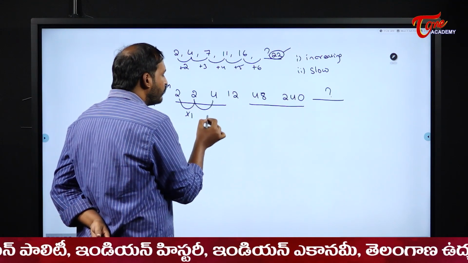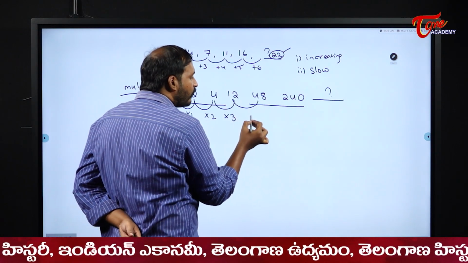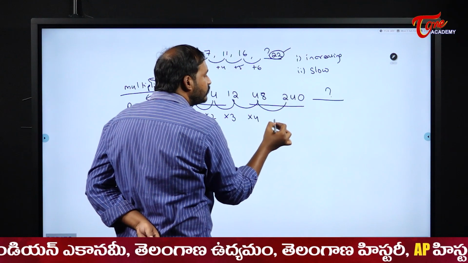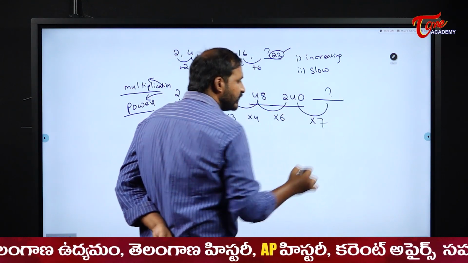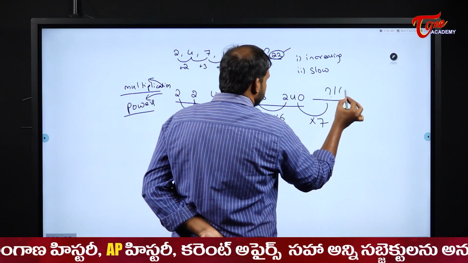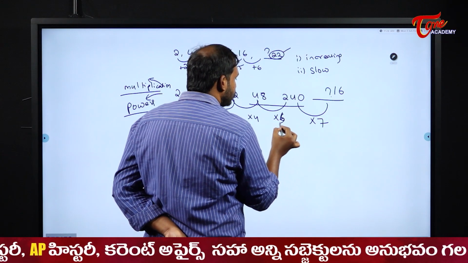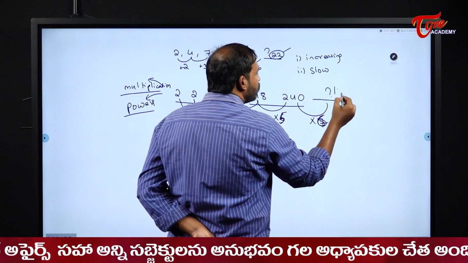How 2 can become 4, into 2, 4 to 12 into 3, 12 to 48 into 4, 48 to this one into 5, and then next into 6. So 24 6s are 144 and 0.